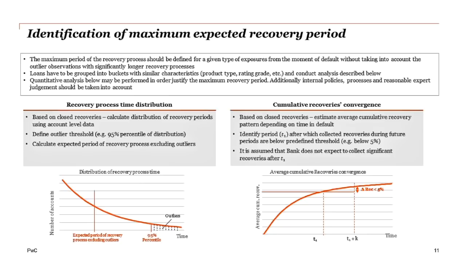Here we wait until usually the exposure amounts are covered up to 95% of outstanding exposure, which is a threshold which can be moved up or down 5 or 10% depending on the available data, and we are usually waiting to find out what the 95th percentile of recovered cases is, so that we can set up the data such that the recovery period is stretched out to this percentile recovery amount.